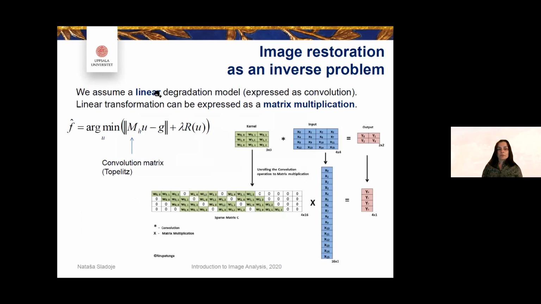So if, as so far we did, we assume a linear degradation model, which can be expressed by convolution, as we know, to include that information in our energy function means that we simply don't use a general expression as function h acts on input u, but we know that such a linear degradation can be expressed as matrix multiplication, which then very much simplifies our work with this function and its minimization.